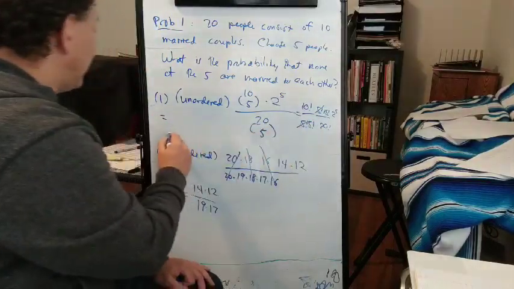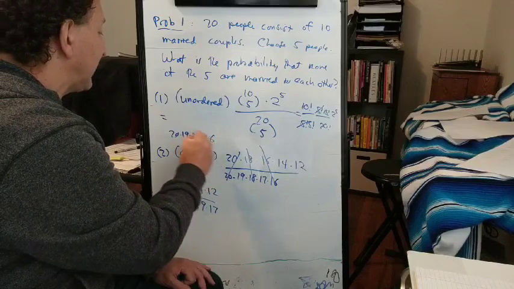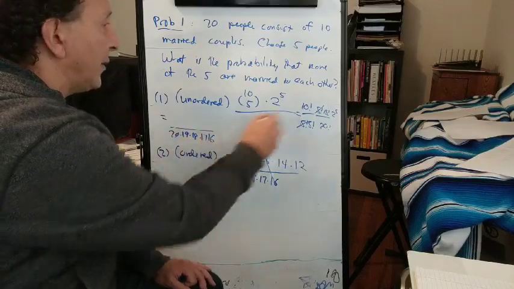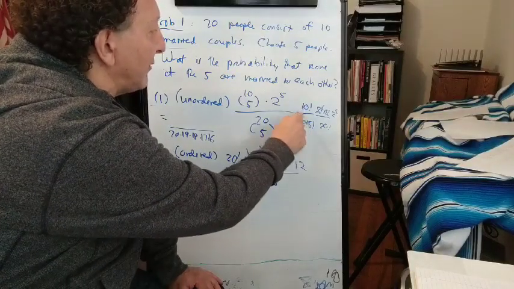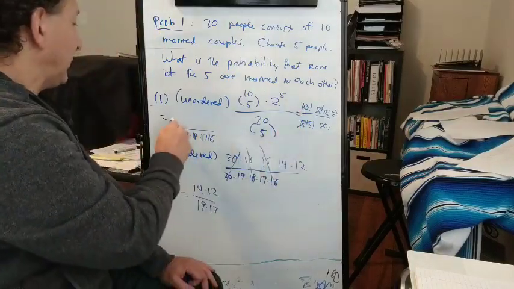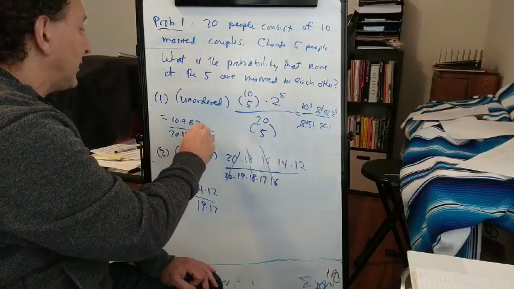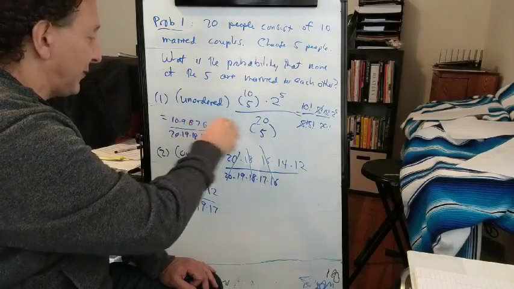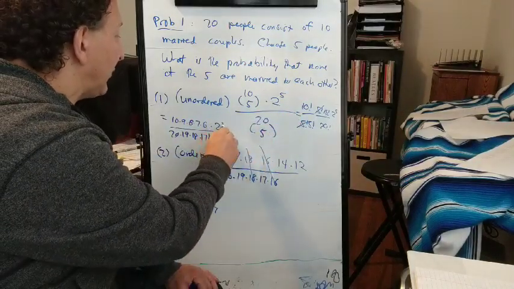We'll have 20 times 19 times 18 times 17 times 16 on the bottom. Then we can get rid of the 15 factorial. 10 factorial and 5 factorial sort of half cancel each other, so we've got 10 times 9 times 8 times 7 times 6, then the 5 factorial left cancels with that factorial, and then we have 2 to the 5th.